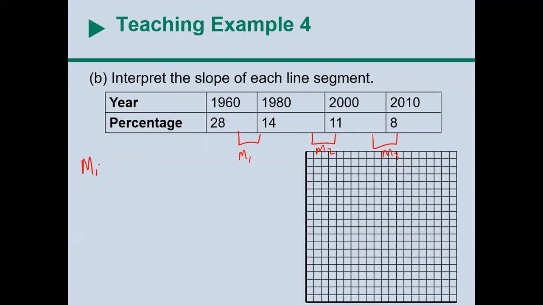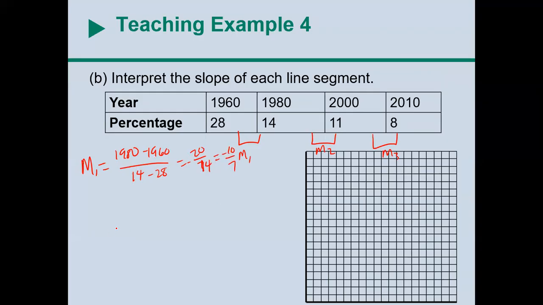M1 equals 1980 minus 1960 over, which way did I write it? I think I wrote it 14 minus 28. So I have 20 over negative 14, which is equal to negative 10 over 7.